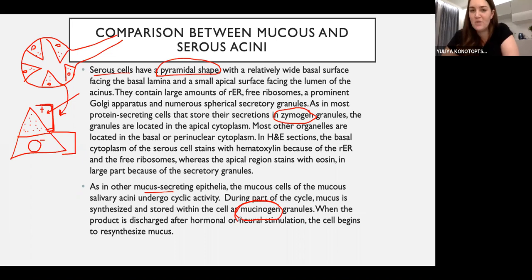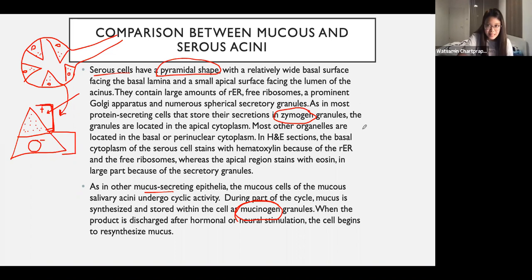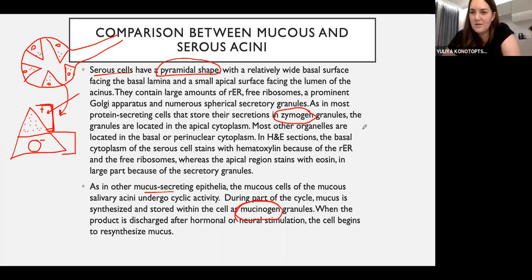What is mucinogen? Mucinogen is like glycogen. How would you describe glycogen? Anybody ever heard of glycogen? Sugar. Carbohydrate. It is, so it's like a stack of carbs. It is a polymer of carbs, right? So it is a bunch of carb molecules together. Which carb exactly?